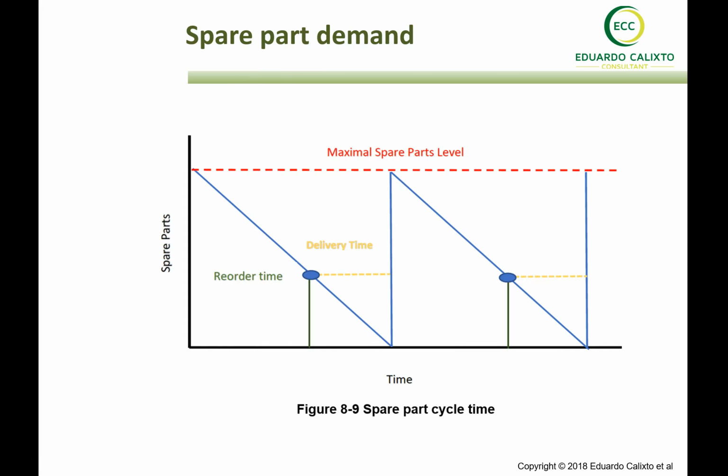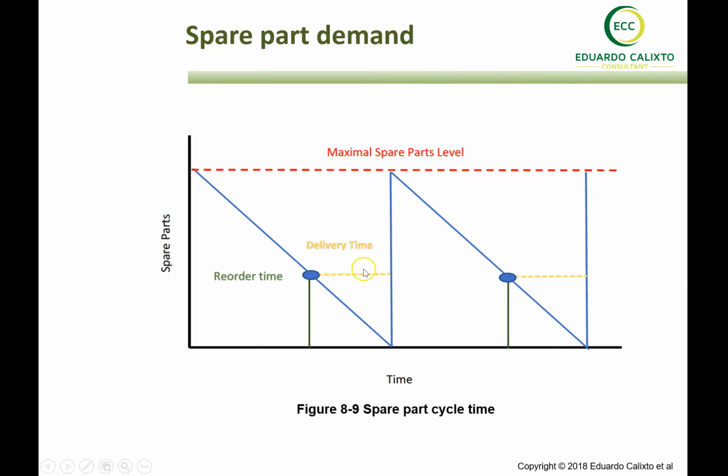But the most important thing is to define the minimum level, which gives enough time to replace the spare part without impacting system performance. One important concept is delivery time, which is the time from when you order some equipment until the spare part is in the warehouse in stock, ready to be consumed.